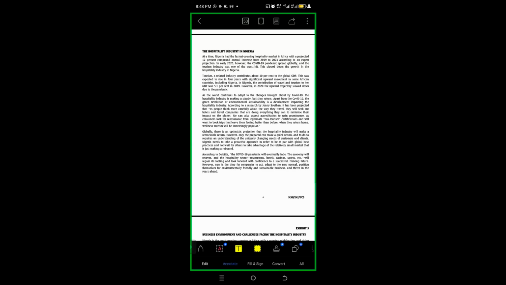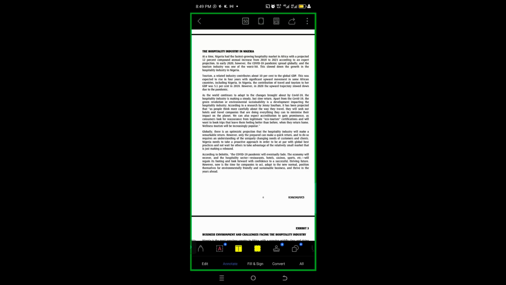However, in 2020, the upward trajectory slowed down due to the pandemic. As the world continues to adapt to the changes brought about by COVID-19, the hospitality industry is making a steady but slow return. Apart from COVID-19, the green revolution of environmental sustainability is impacting the hospitality industry.